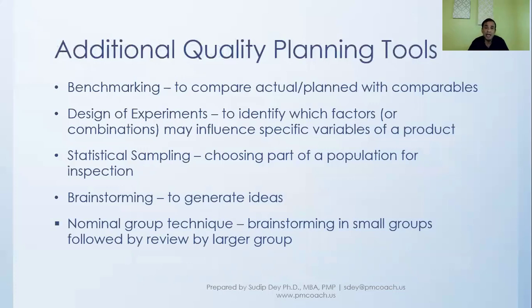Now, nominal group technique is when you take all these ideas that you have from brainstorming, and then you take them through a review process with a larger group, where you do the voting. Maybe you can do voting and see which are the ones that you should take into consideration.